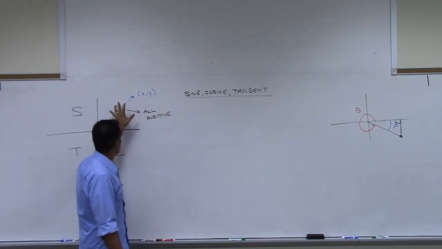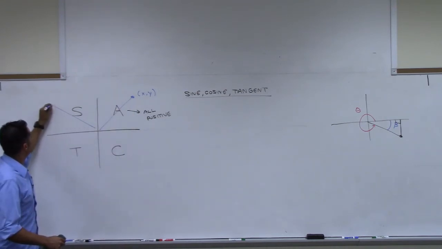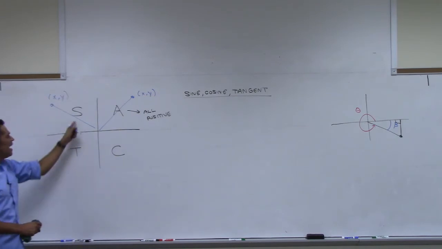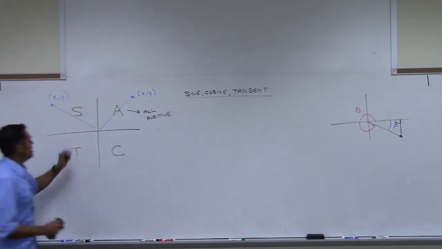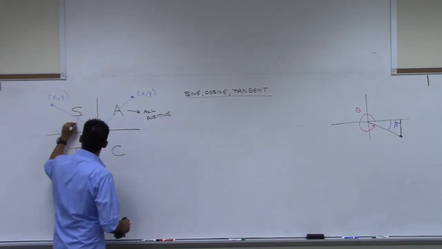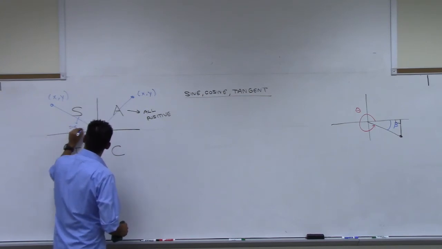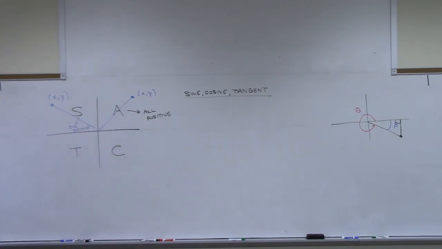Then if I move into the second quadrant, anywhere over here, x and y, this S is to tell you that only the sine function is positive there. Sine is positive, which means the other two are what? Negative.